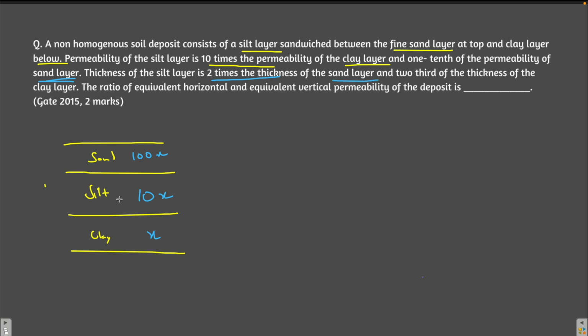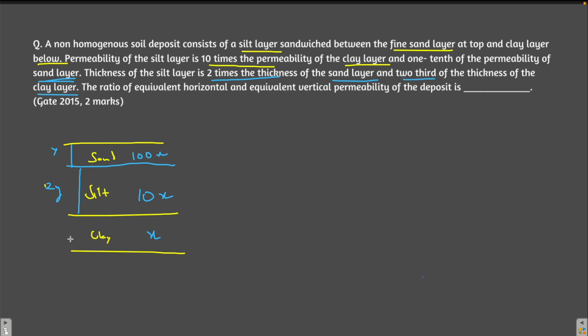So the silt layer is 2 times thicker than the sand layer. In the figure also, let me just do this. The silt layer is 2 times thicker than the sand layer. So this is the sand layer, and if this is y, this is 2y, isn't it? And 2/3 the thickness of the clay layer.